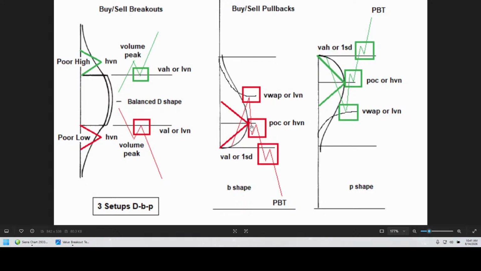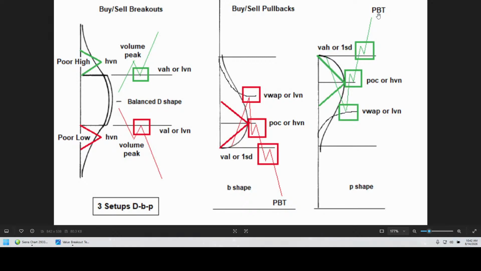there will be a B-shaped profile, a Bravo-shaped profile, or a Papa, P-shaped profile. We don't have that today, but I will give you this screenshot, put it in your work, review it, because there will be days where we have a P-shaped profile or a B-shaped profile.